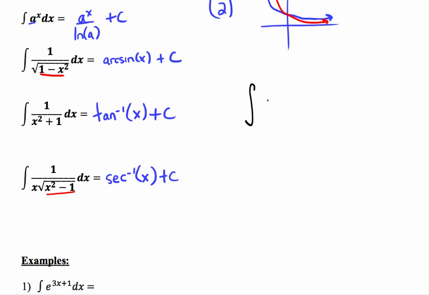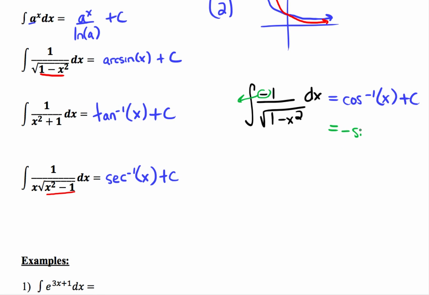For instance, technically, the antiderivative of negative 1 over the square root of 1 minus x squared dx is equal to the inverse cosine of x plus c. But you can see how easy it is to just take this minus, move it out here, and then that's really just negative inverse sine of x plus c. So you can see that you really only need to remember 3.